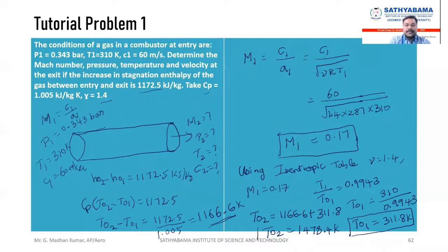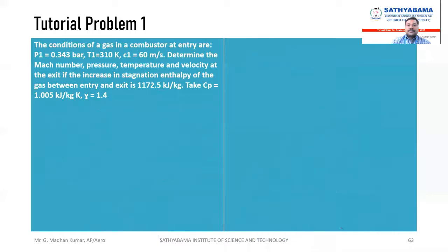So after finding these values, we are going to use this value. With the help of this value only, we are going to find the value of M2, right? These values are going to be helpful for finding the value of M2. So for that, you have to construct the Rayleigh flow table for M1 is equal to 0.17. Okay, so now we are going back to the Rayleigh flow table.